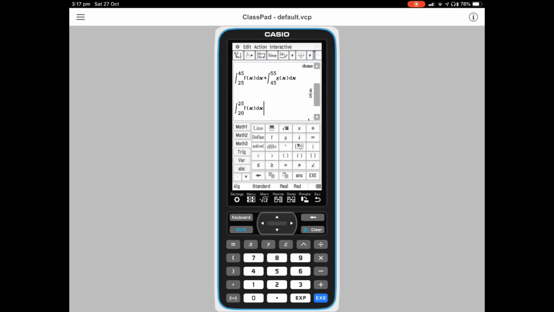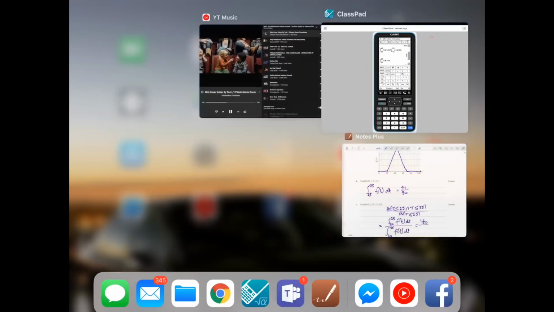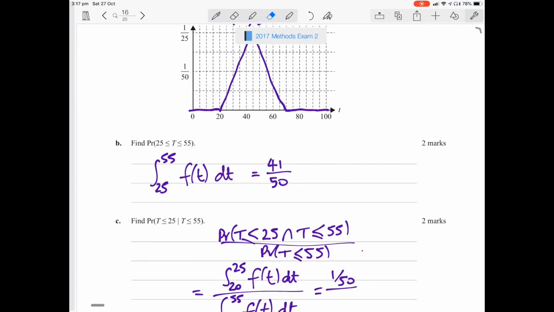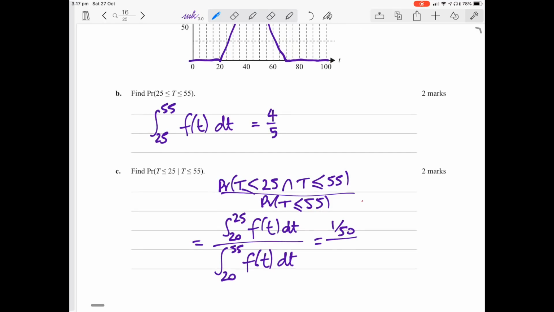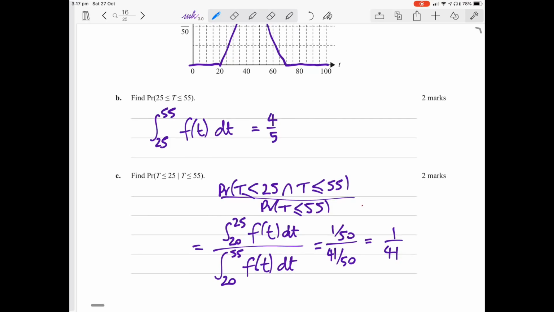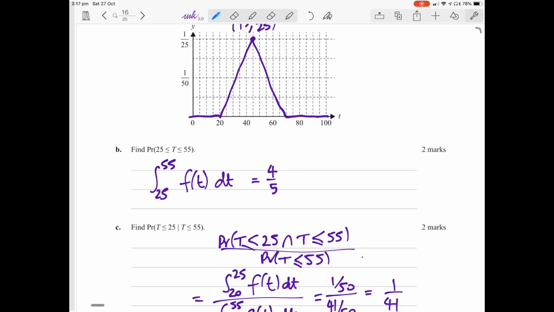I can imagine heaps of people stuff this one up. So 20 to 55 is 41 on 50, because I found that out before. So 1 on 50 divided by 41 on 50 is 1 on 41. So that's the probability that t is less than 25, given that it's less than 55.